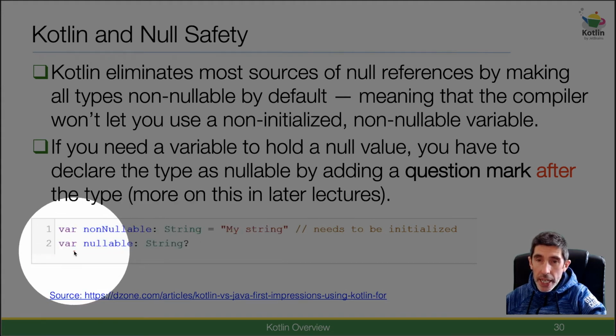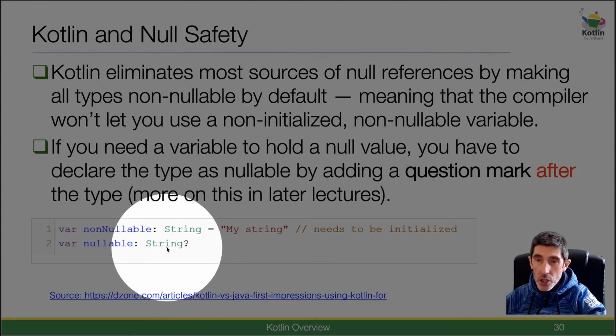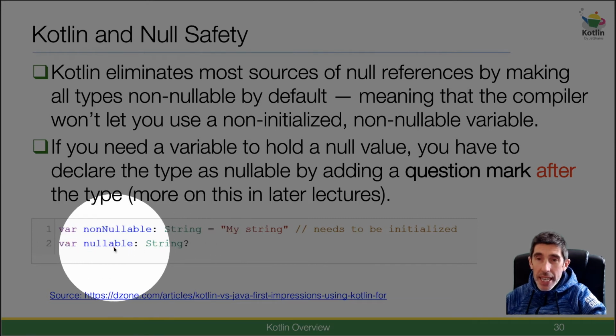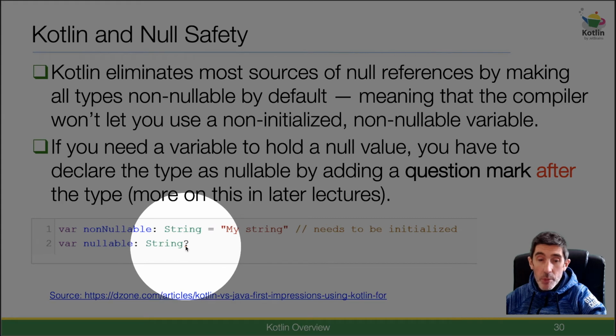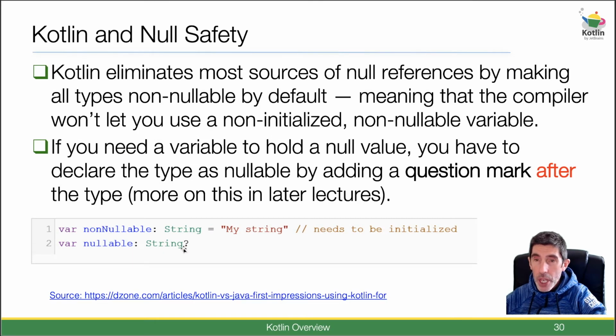However, we can say var nullable, declared as a string, and we append the question mark, which tells the compiler that this is allowed to hold a null value. There will be situations where that is the case, and we need that flexibility as developers. Kotlin gives us that with that simple question mark. We will be looking at examples of that later on.